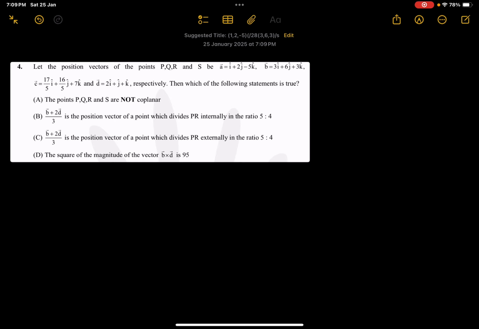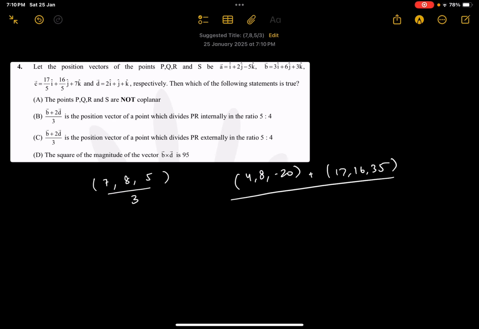So B plus 2D upon 3 is (7, 8, 5 by 3), and the point which divides PR internally in the ratio of 5:4 is 4 into P, which is (4, 8, -20), plus 5 into R, which is (17, 16, 35 by 9).